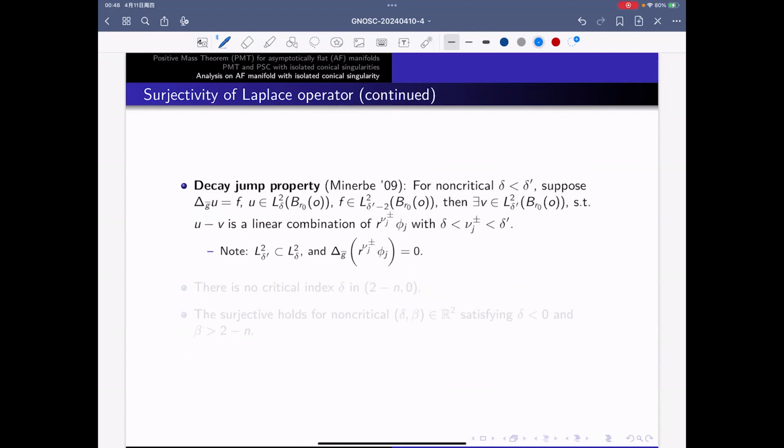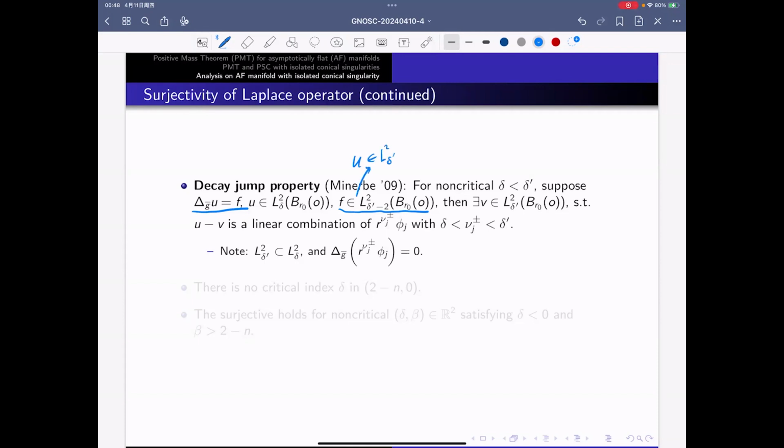All right. So that says if we have this equation, Laplace of u equal to f, and assume f is in L2 delta prime minus 2. Right. So then we should expect to get u in L2 delta prime, right?